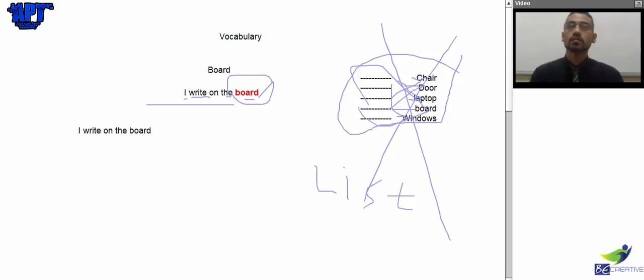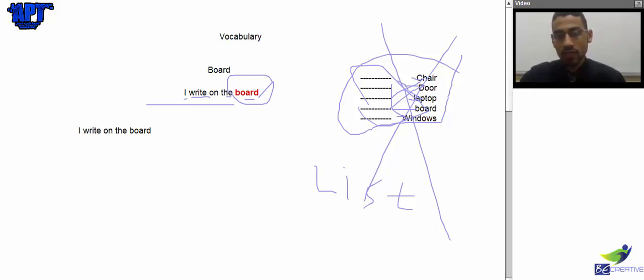The second thing is about how to use it correctly in a sentence, and I forgot the meaning. For example, as we see here, this is a list of vocabulary. I have them linked.